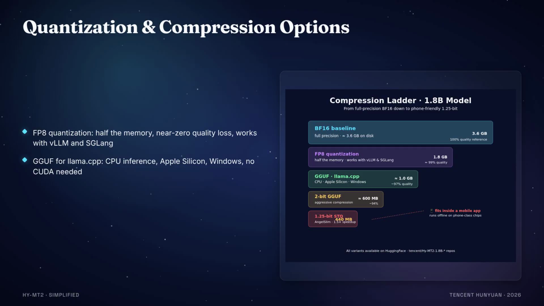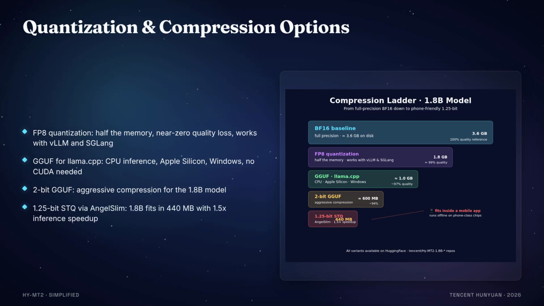A 2-bit GGUF variant compresses the 1.8 billion model even further. And the most aggressive option, the 1.25-bit STQ format from Tencent's own AngelSlim toolkit, compresses the entire 1.8 billion model to just 440 megabytes, with a 1.5 times speedup at inference. That is small enough to ship inside a mobile app.